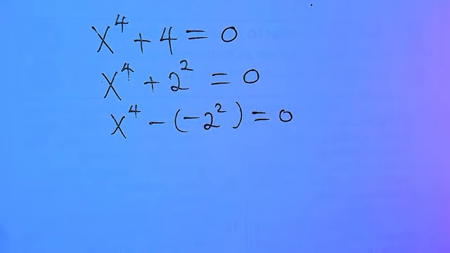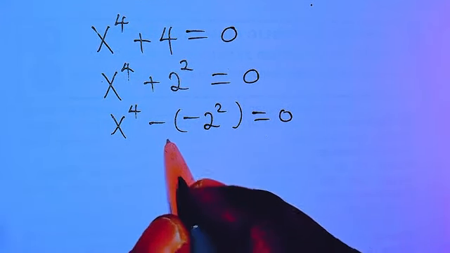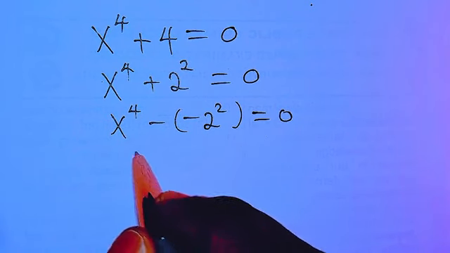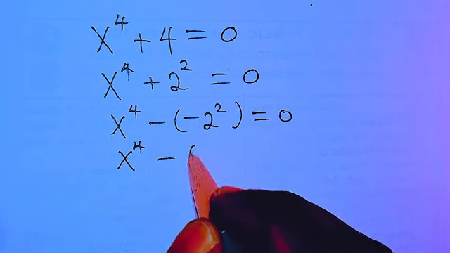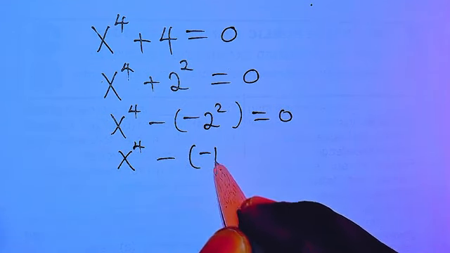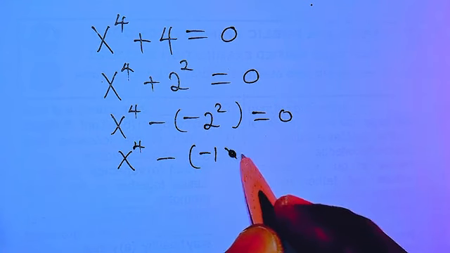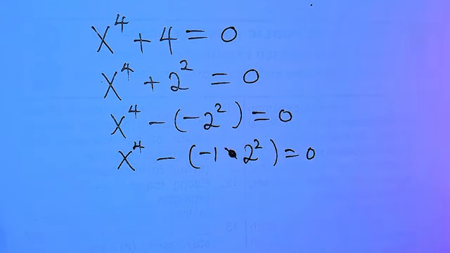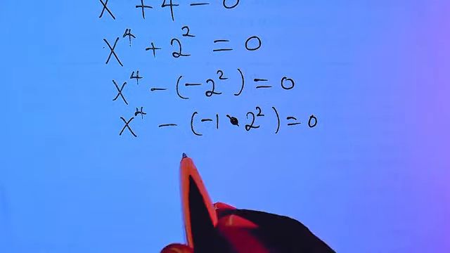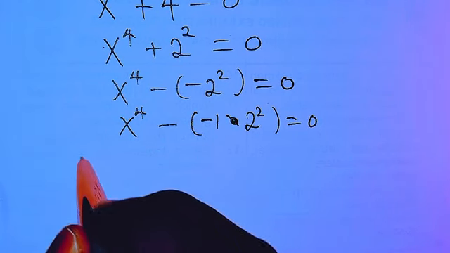So now I can write this as x to the power 4 minus, this minus can be minus 1 multiplied by 2 raised to the power 2, then equals 0. Are you following?